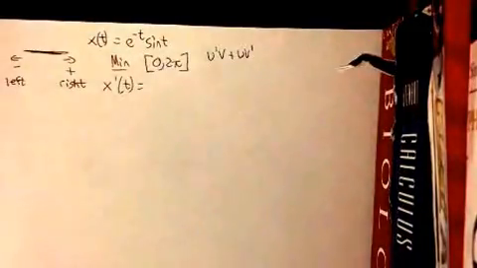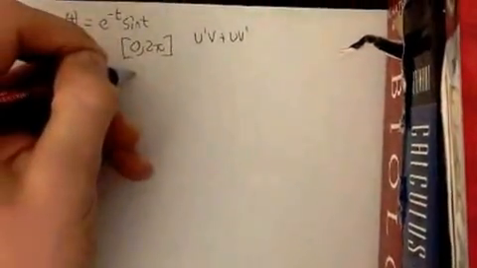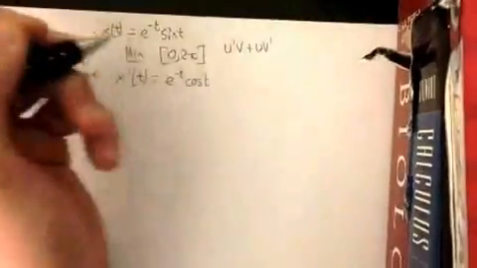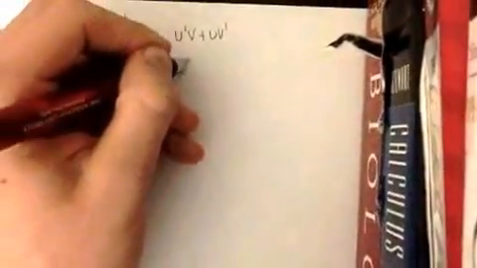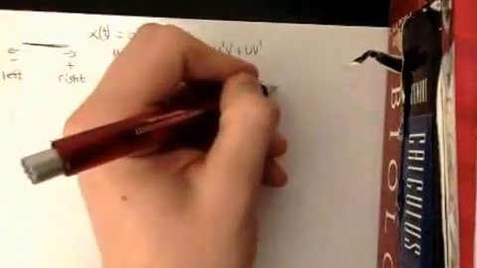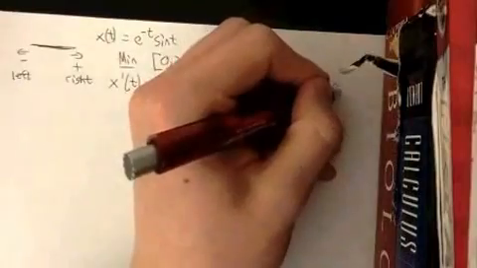That ends up coming out to be e to the negative t cos t minus e to the negative t sine t, which we can also write as e to the negative t times cos t minus sine t, which is terrific.